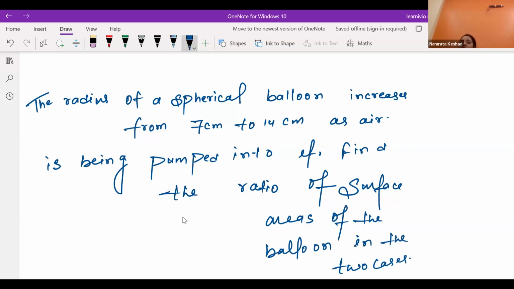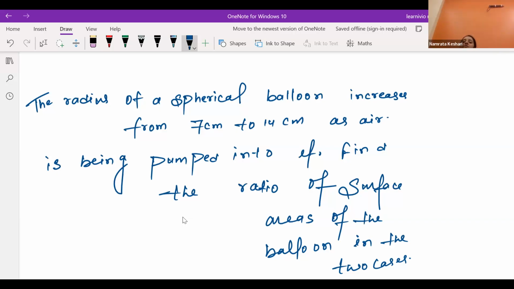Here the question says the radius of a spherical balloon. We have a balloon. The radius is increasing from 7 centimeter to 14 centimeter as the air is being pumped into it. Find the ratio of surface area of the balloon in two cases. Surface area with the 7 centimeter radius, and surface area with the other radius, that is 14 centimeter.